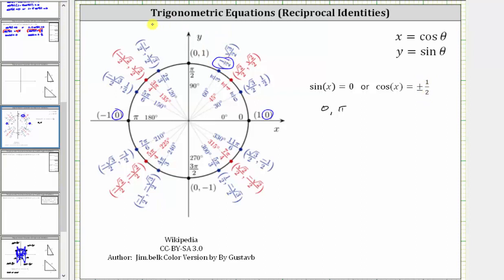Here for positive 1/2, here for negative 1/2, here for negative 1/2, and here for positive 1/2. Notice how the angles are pi over 3 radians, or 1/3 pi radians, 2/3 pi radians, 4/3 pi radians, and 5/3 pi radians. I hope you found this helpful.